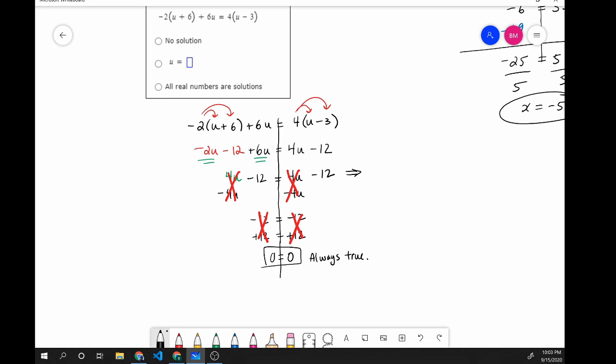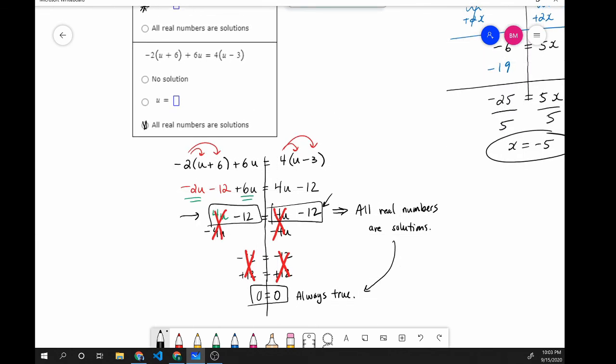So if at any point you have the same exact thing on both sides, the solution will always be all real numbers are solutions. And that's because with any number in here, the equation is going to be always true. So for this bottom one, we have all real numbers are solutions.